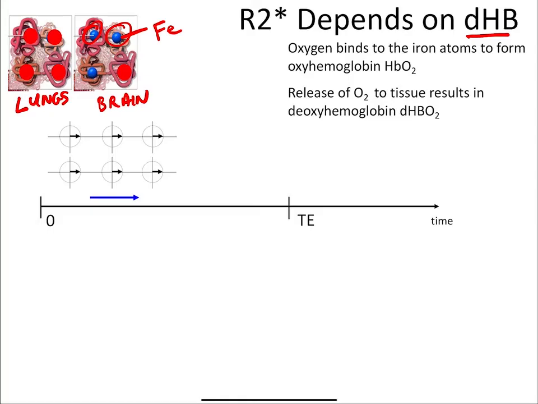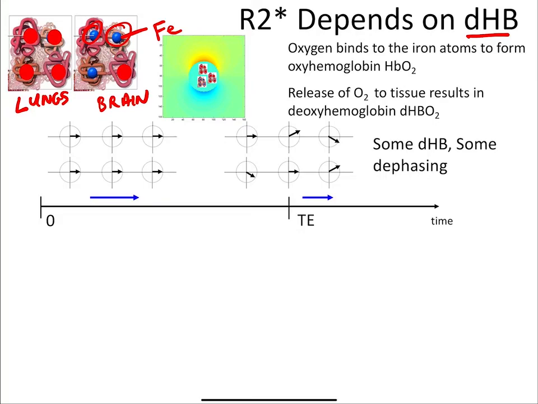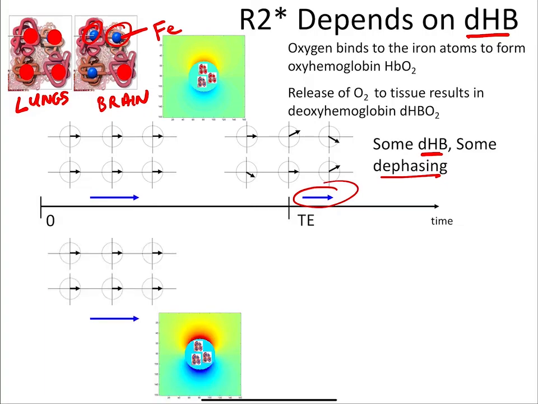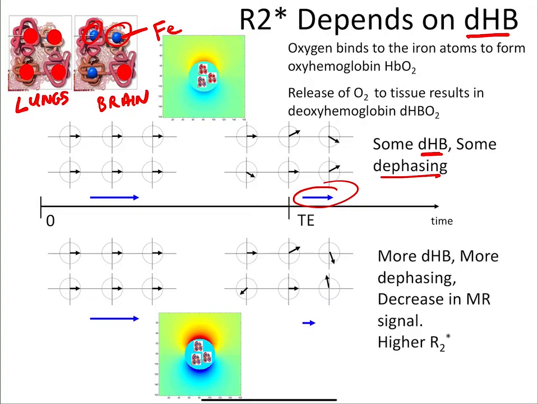All right, so let's take a look at a picture of this. Let's say we're in some baseline state. There's some deoxyhemoglobin, but not much has been exposed. So there's going to be some amount of dephasing, so you have some decay. Now here we've used up a lot of oxygen, so all the iron atoms are exposed. So there's going to be a lot more dephasing, and much more decay.